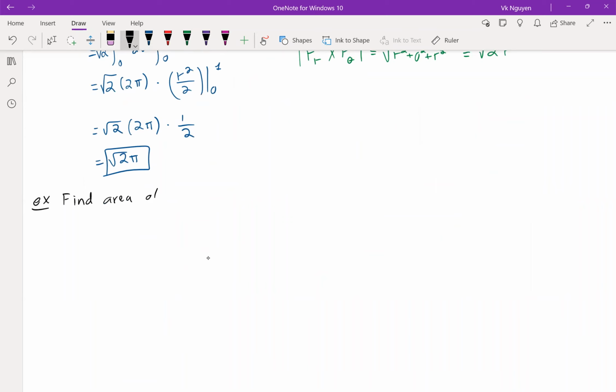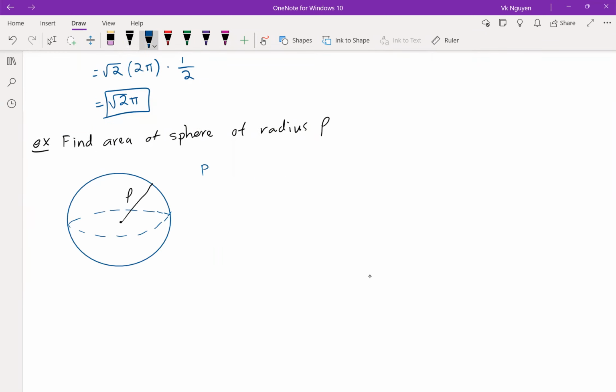Find the area of a sphere of radius rho. Parameterize S, that is the surface. X is equal to, Y is equal to, Z is equal to.